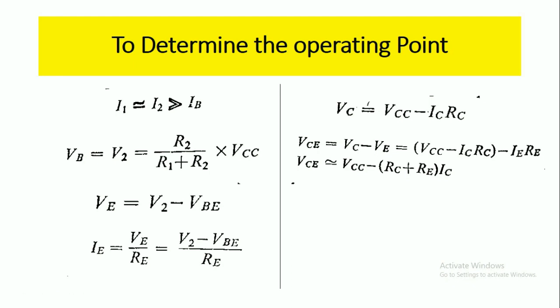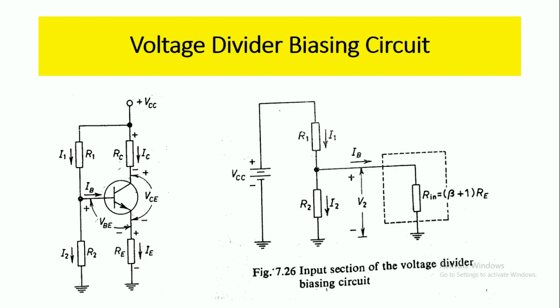The above assumption is valid because in practice the resistance seen looking into the base, that is the input resistance Rin, is much larger than R2. So we can apply the voltage divider theorem to find the voltage across the resistance R2, the same as the voltage VB. Here in this circuit we have VCC, the resistance R1 and the resistance R2, and this is the base current IB.